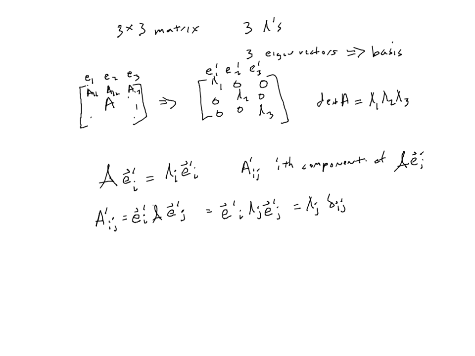And so you can see here that the matrix is equivalent to just taking the delta function with the eigenvalues. So this is just a diagonal matrix. So A prime ij is a diagonal matrix of eigenvalues.